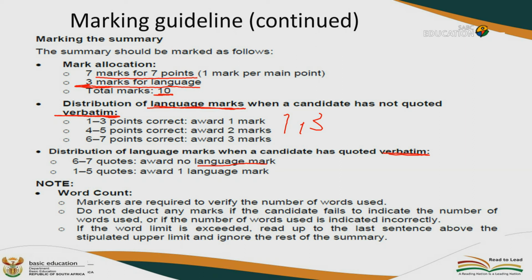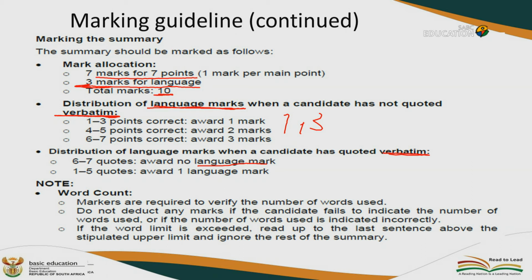Note, word count. As teachers, markers are going to count, as required, for learners to verify. Remember, as learners, you can sometimes be very tricky. You always love taking a wild guess to say this summary writing can be 50-40.